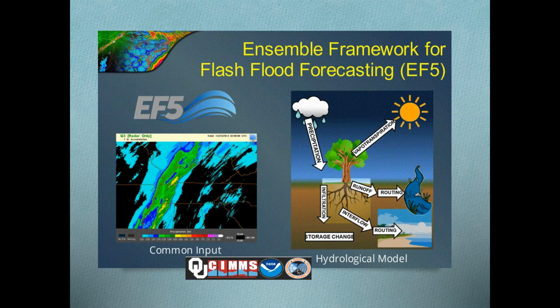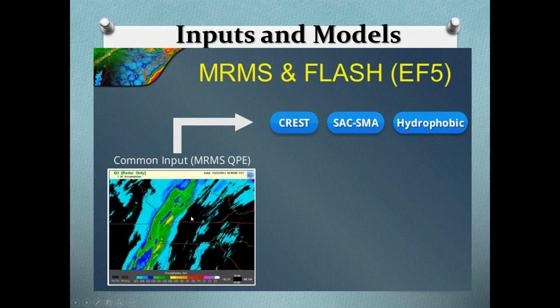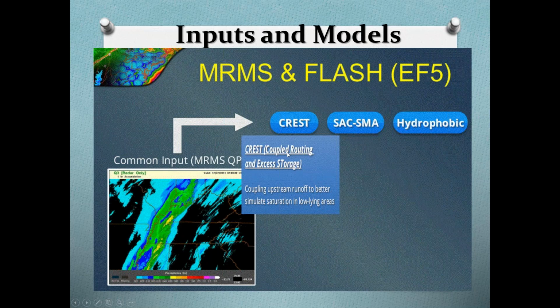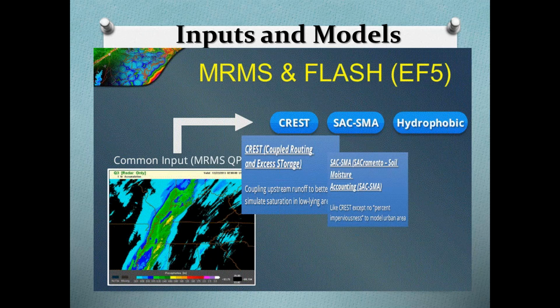So they're looking at precipitation, infiltration, interflow, runoff, storage, routing, etc. The first model is called CREST, which stands for Coupled Routing and Excess Storage. They take the rainfall from MRMS and convert it to components of runoff or infiltration to better simulate saturation in low-lying areas.